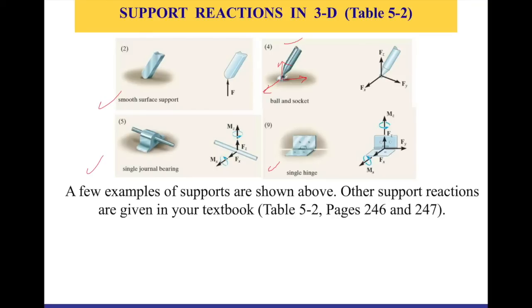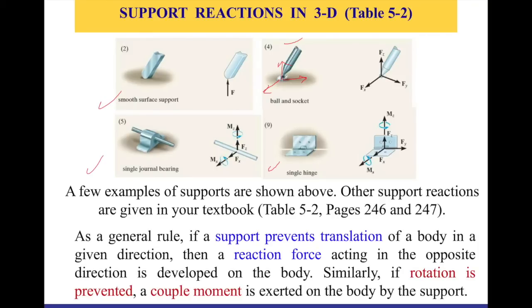If you recall from the previous lecture, as a general rule, if a support prevents translation, which is movement of a body in a given direction, then a reactive force is placed there. Similarly, if rotation is prevented, you need to add a couple moment on the body for your analysis. I hope that's clear.